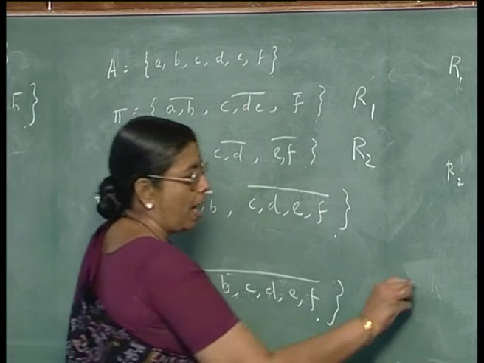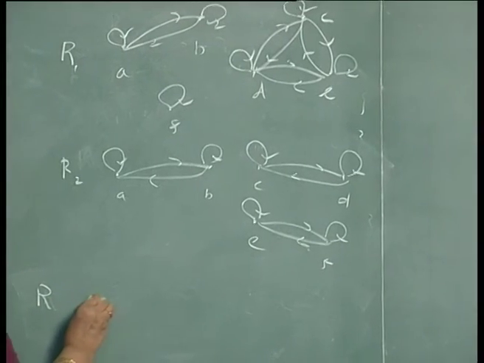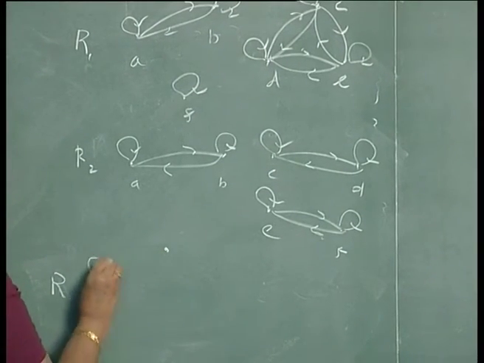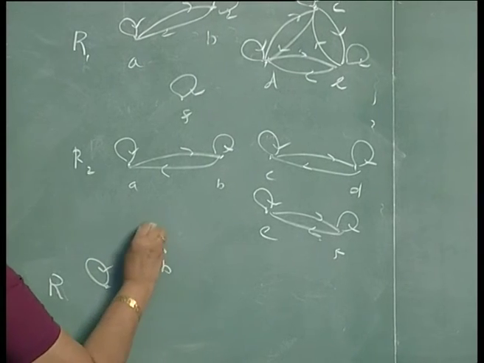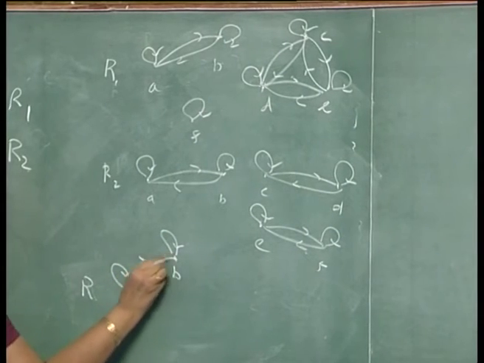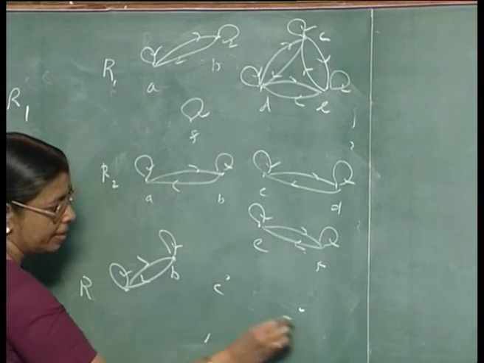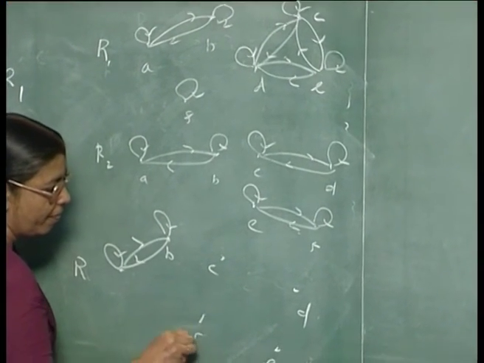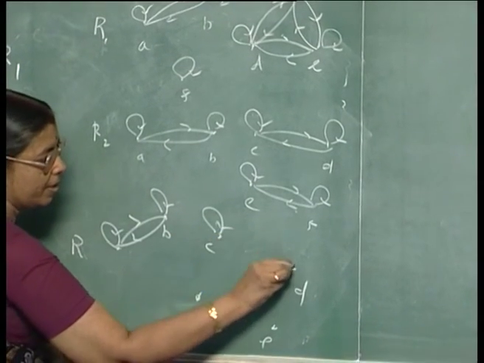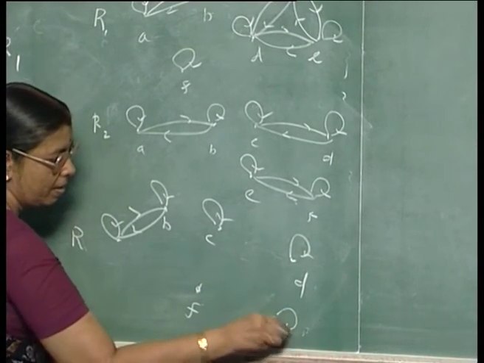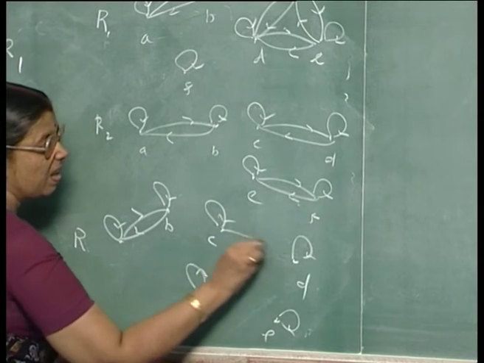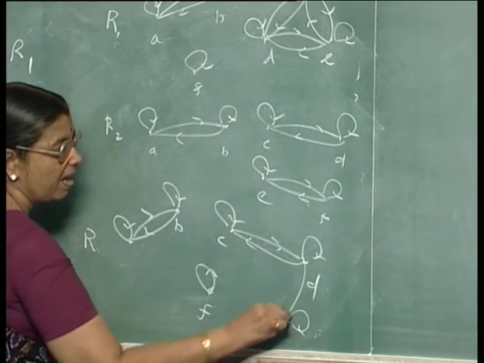That is R, and in this case it will be A, B and C, D, E, F in one block, that is C, D, E, F, and the self loops all over, like this.